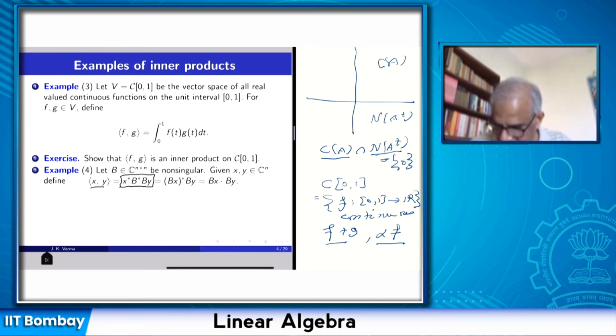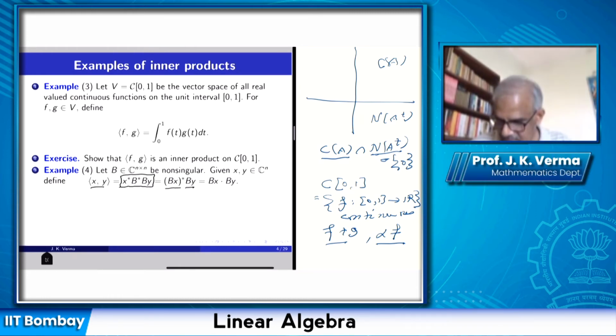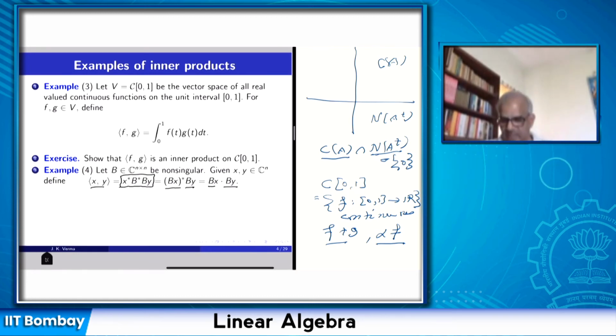But x*B* is nothing but (Bx)*, and so this is (Bx)* By, which is nothing but the standard inner product of Bx and By in Cn.